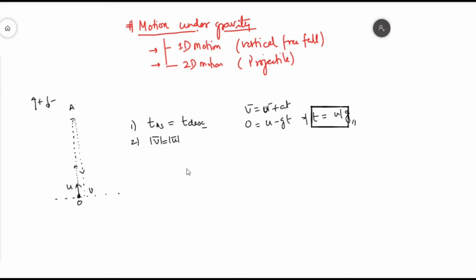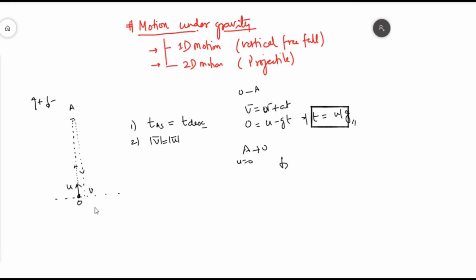Okay, now this was the motion from O to A. Now let's talk about the motion from A to O. So at A my u is 0, and the body is going to go down, and we are concerned about finding the time of descent.